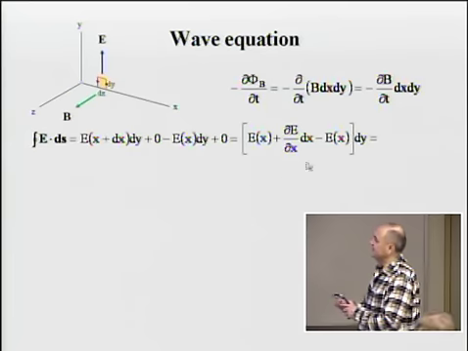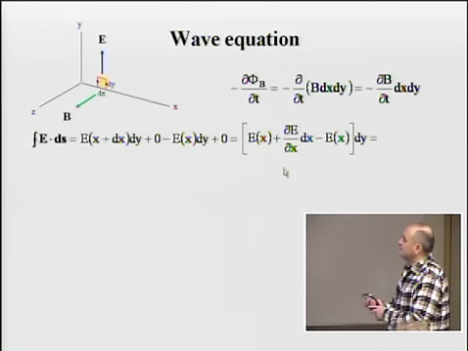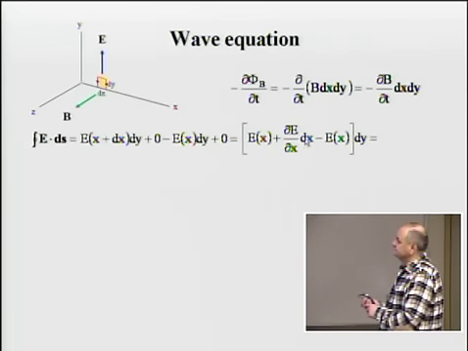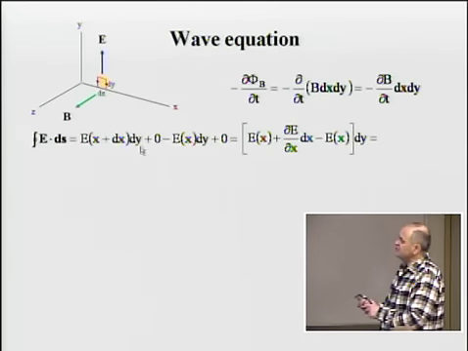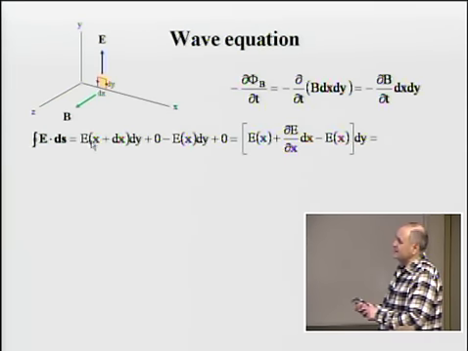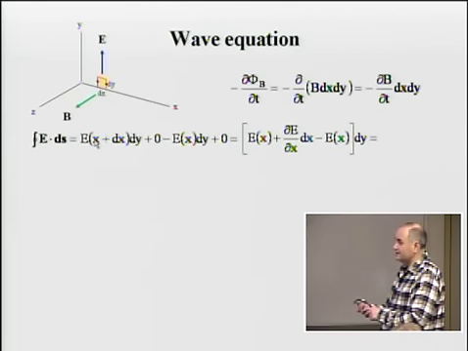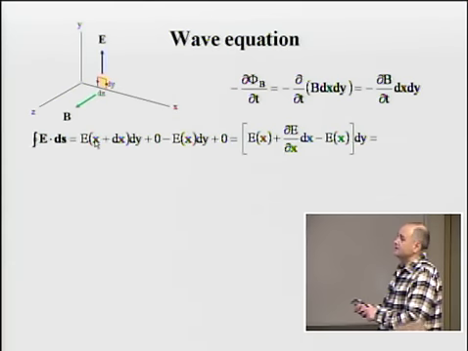All right, what did I do here? I just expanded this function into Taylor series. So I can write down that this function is equal to the value of the function at x plus derivative of this function with respect to x multiplied by dx.